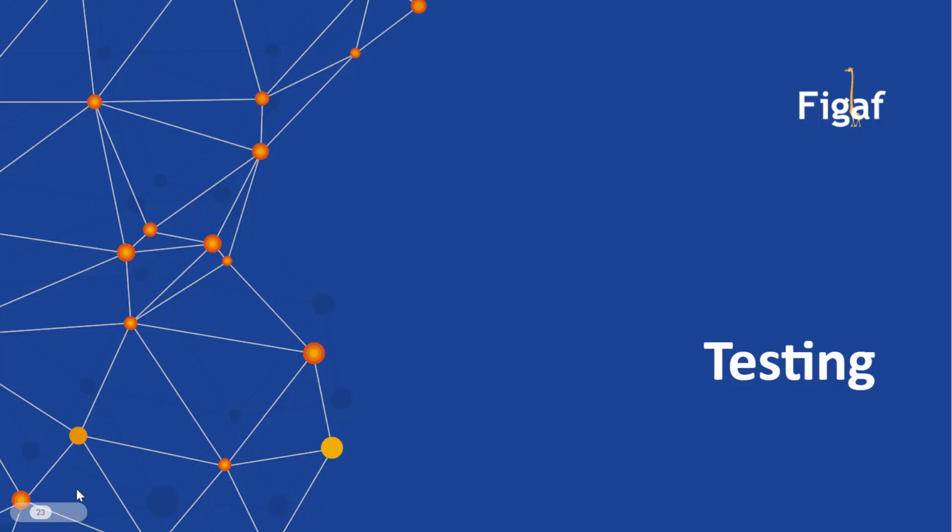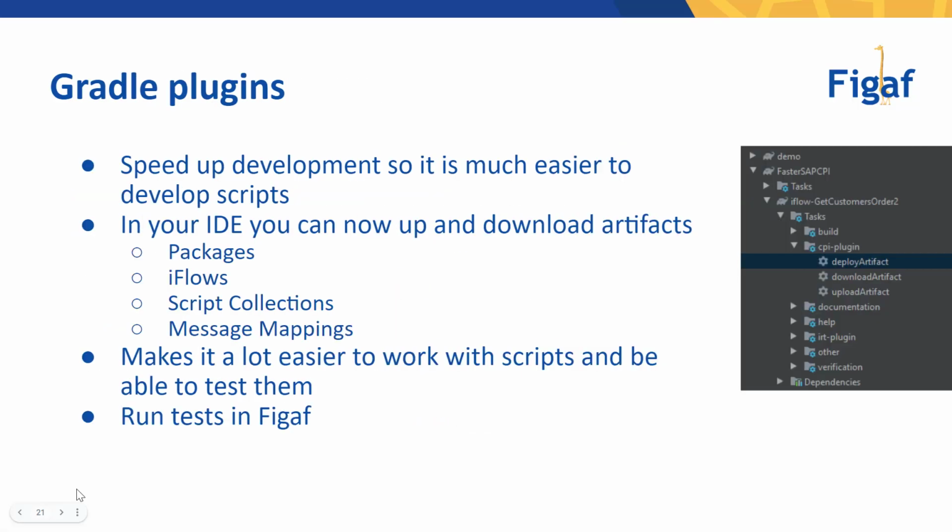So we'll just take the previous one. We also have these Gradle plugins, and the reason why this is a cool thing is they also come with templates, and once you have installed these templates, if you click deploy or download, it will actually upload the iFlow into the CPI system, and then you can deploy it all from here.